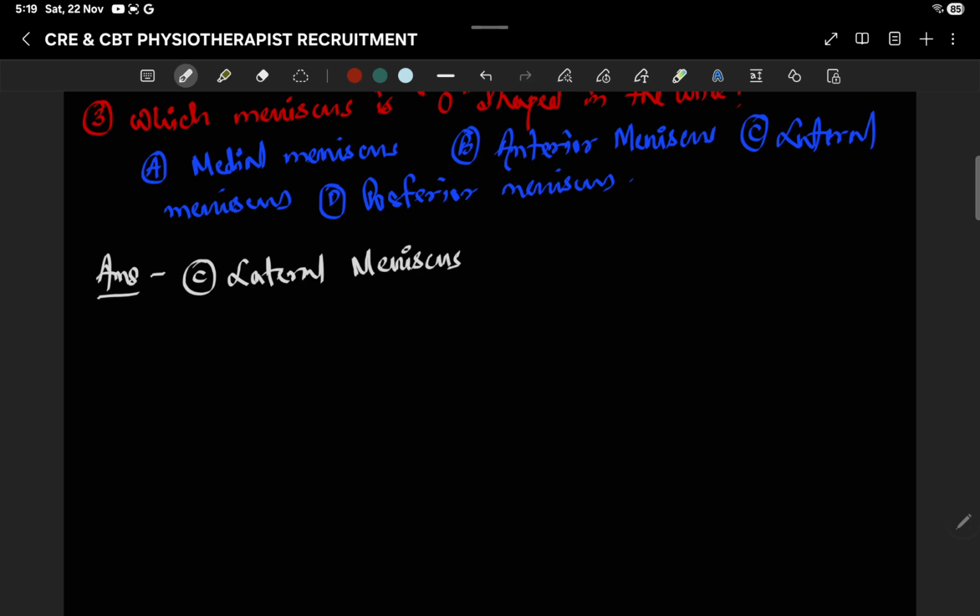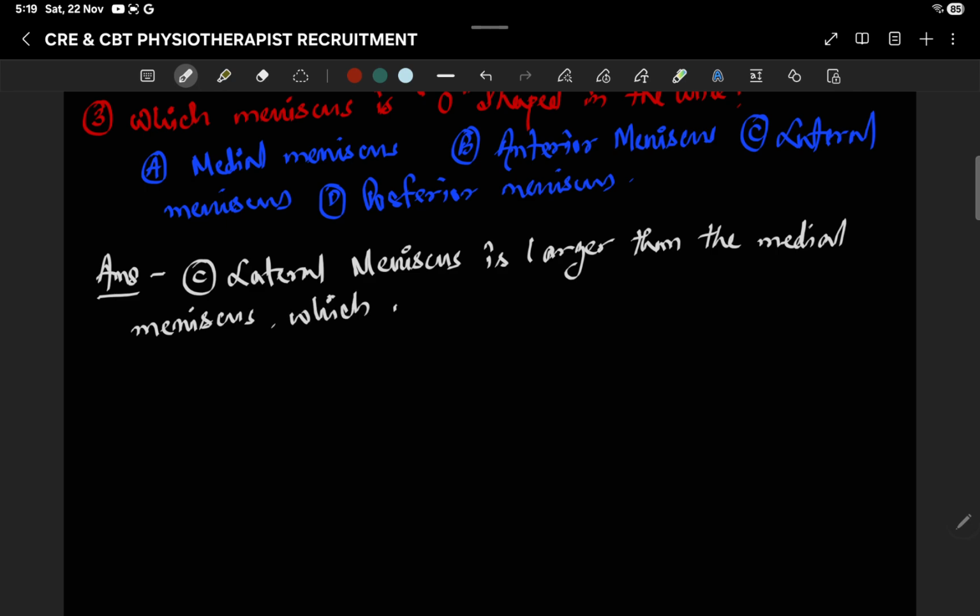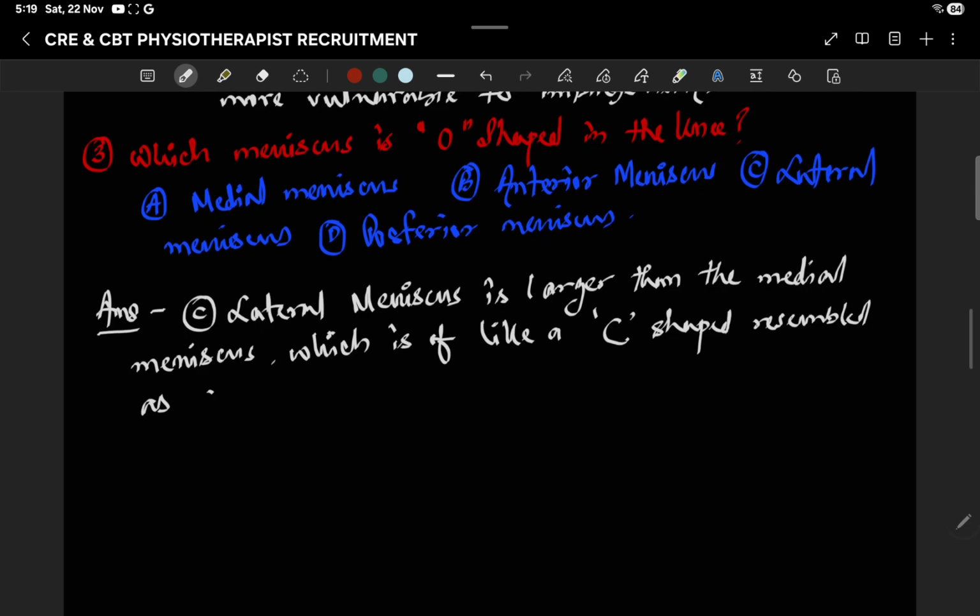Why? The lateral meniscus is larger than the medial meniscus, which is C-shaped, while the lateral resembles an O-shape in the knee.